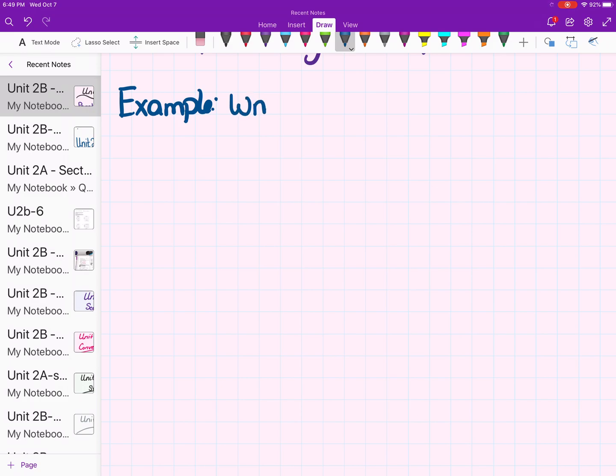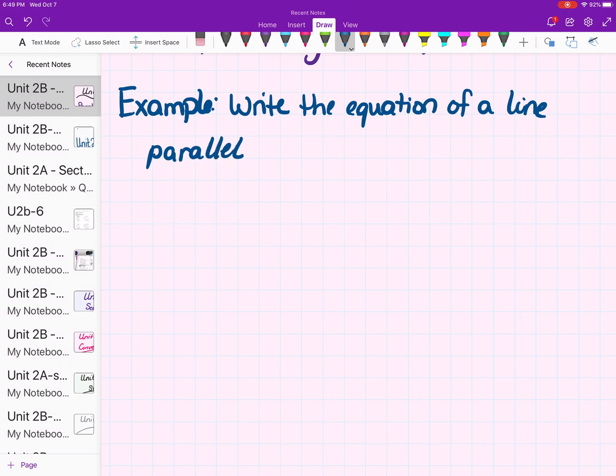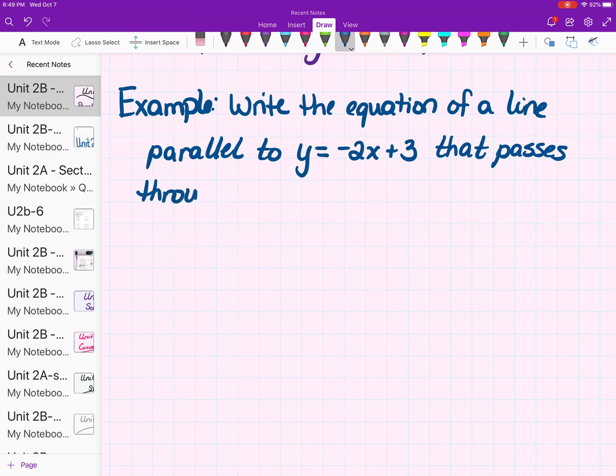Write the equation of a line parallel to y equals negative 2x plus 3 that passes through the point (4, 5).